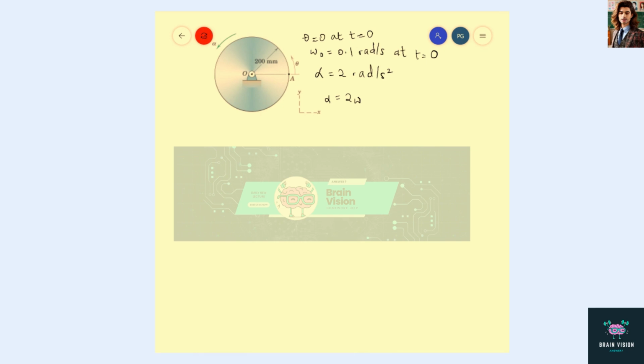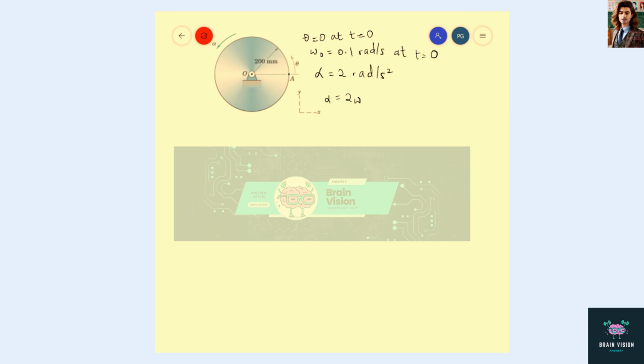For this question, we're told to repeat the problem in question 22. The question in 22 was that the initial angle is 0 at point A when t is equal to 0, and the initial angular velocity is 0.1 rad/s when t is equal to 0.